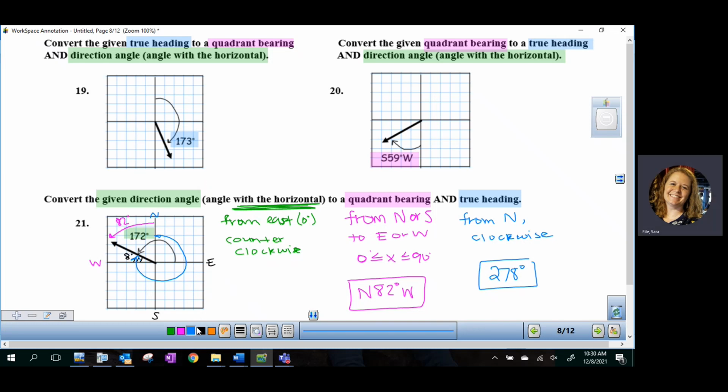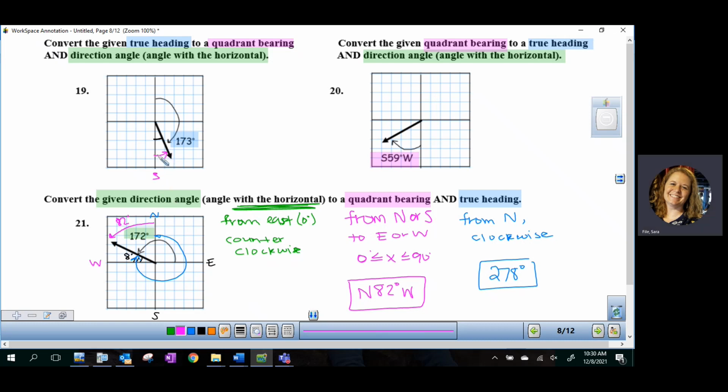Let's go back up to these. This one is given as a true bearing of 173. So from the north, it's 173 degrees clockwise. I can do a couple of things here. I can find this small acute angle right here, which would be from the south, right?